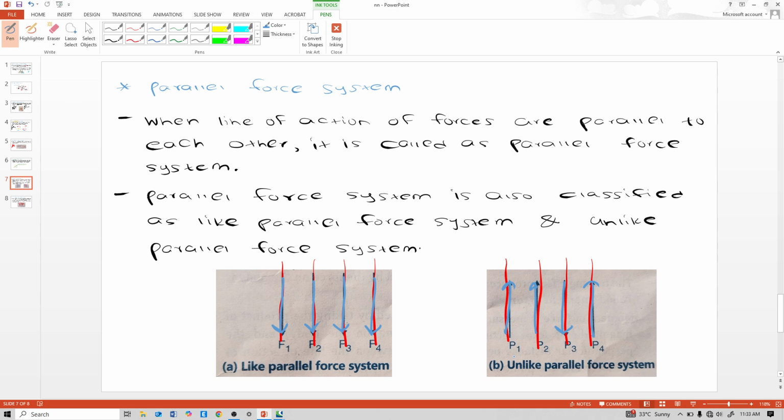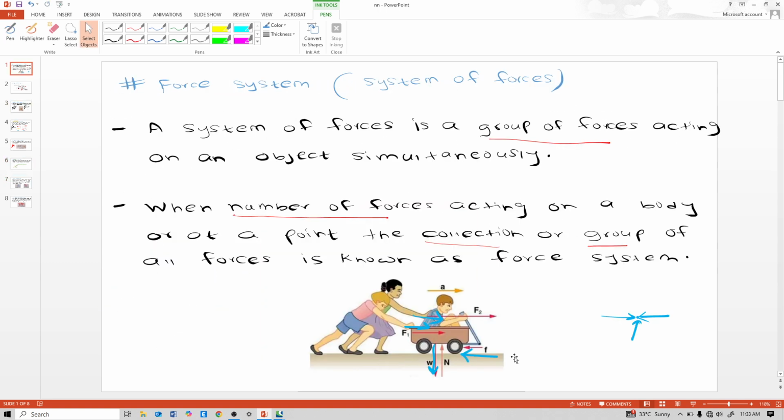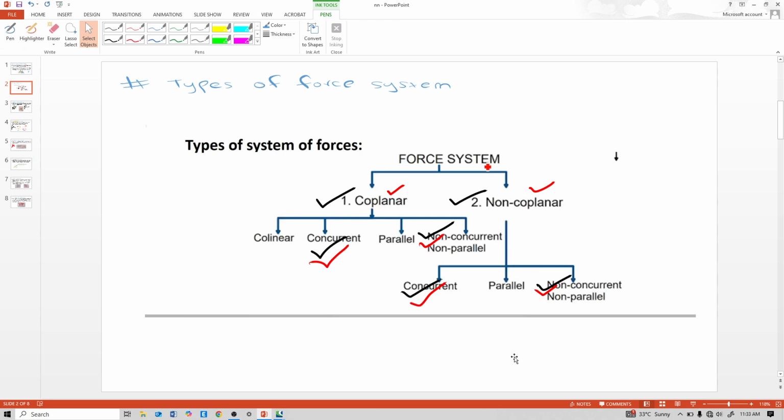And in engineering, we come across various types of combinations of forces, here in the tree diagram. Combination means coplanar, collinear. Coplanar means they are acting only in one plane.